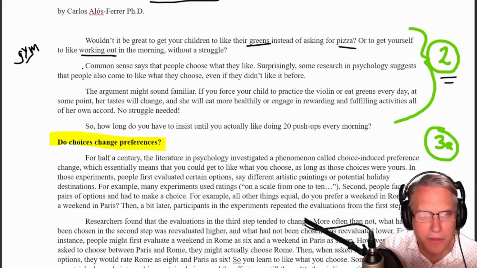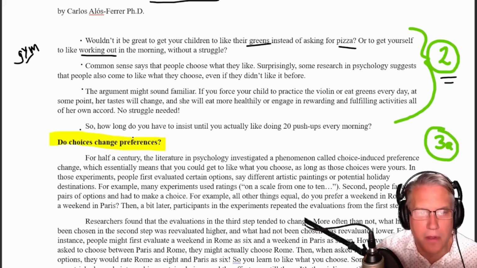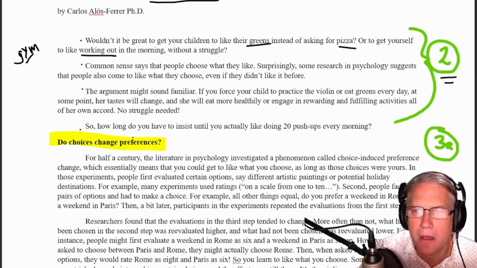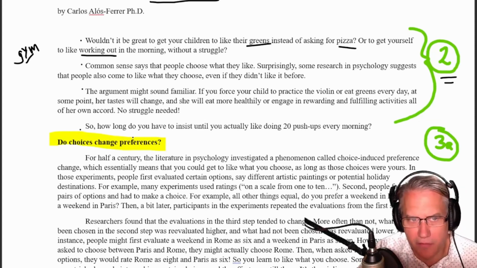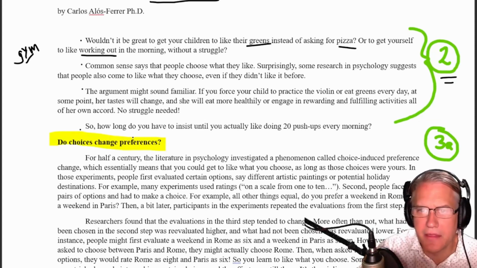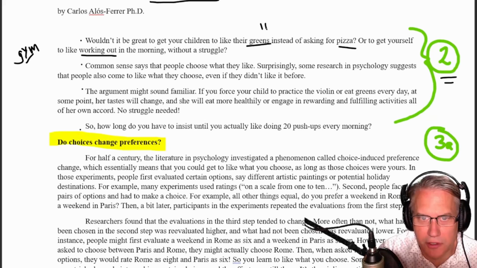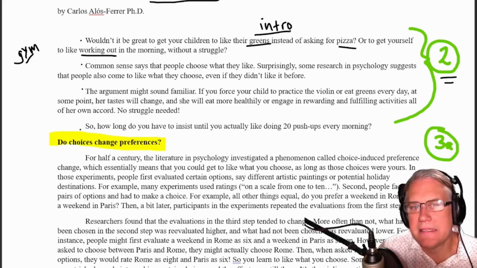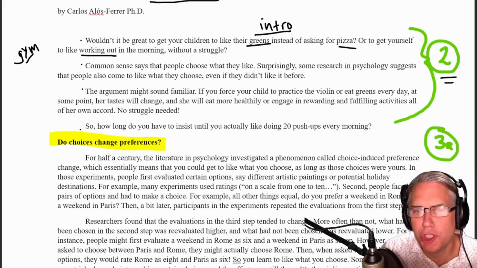I think I'm going to read the rest of these here. So we've got 1, 2, 3, 4 very small paragraphs. But we'll look at all of this as being the introduction. This is the introduction. Intro. Common sense says that people choose what they like.